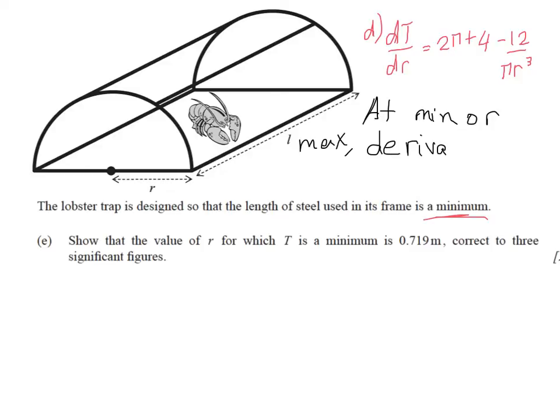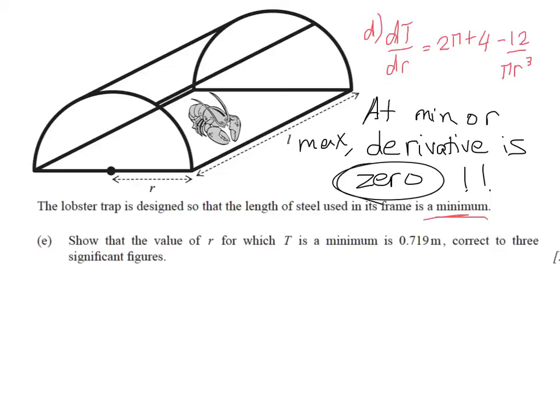The derivative is 0. So it's going to logically follow every single time. Every single time they're going to ask you to differentiate something, and then they're going to ask for a minimum or a maximum. And it's a must that you make your derivative, the thing you differentiated, equal to 0. That's a thing that happens all the time.